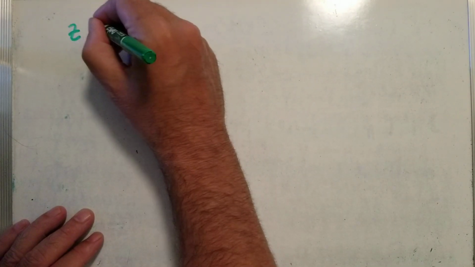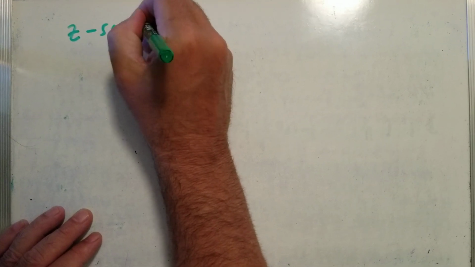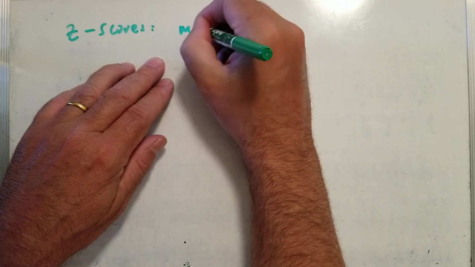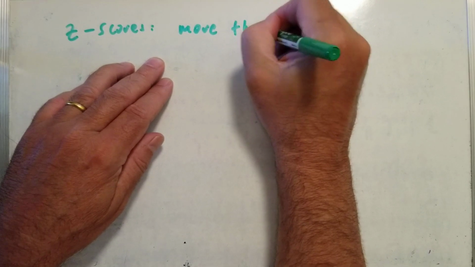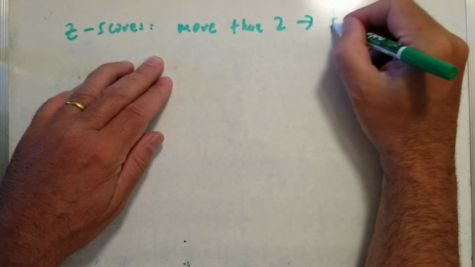Now, z-scores can also be labeled as significantly high or significantly low. Remember, more than 2 standard deviations above was significantly high, and more than 2 standard deviations below was significantly low. So for z-scores, if it's more than 2, then that's significantly high.